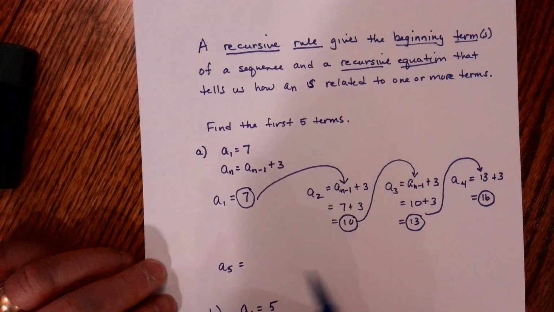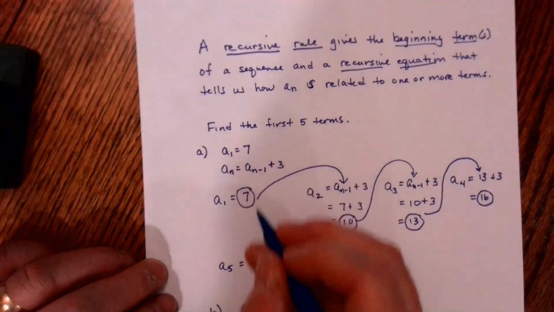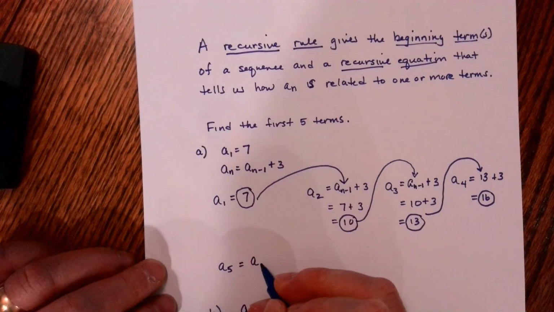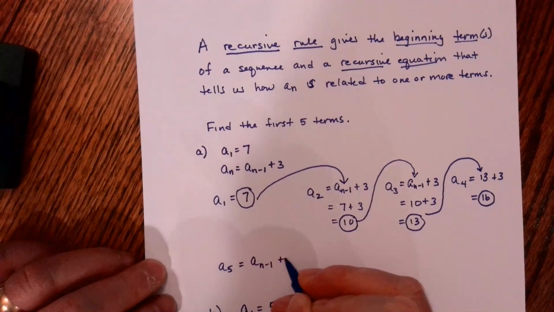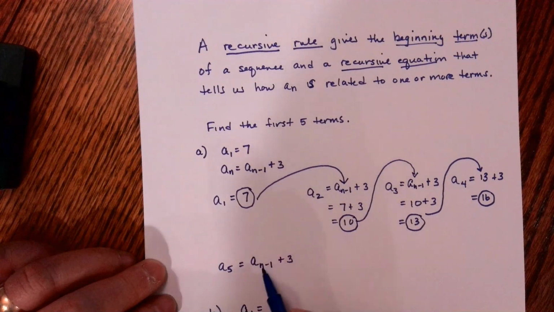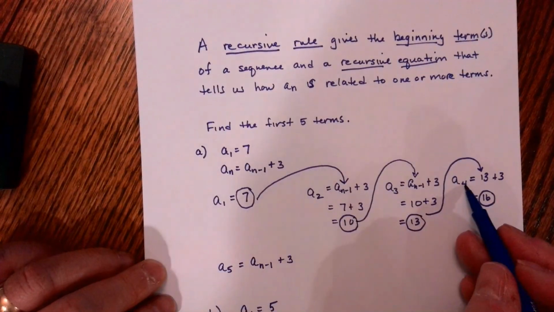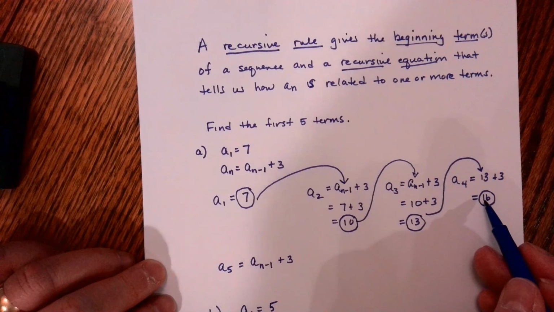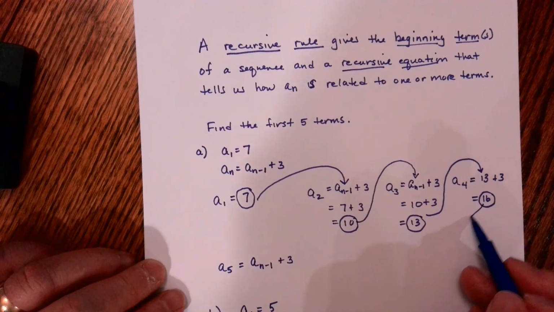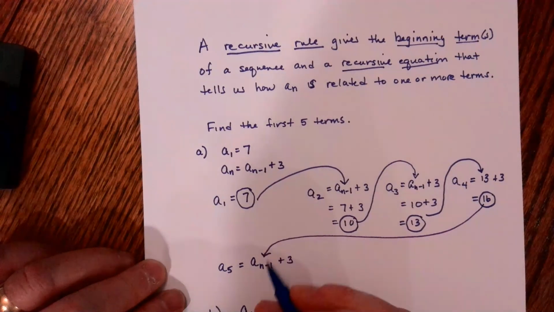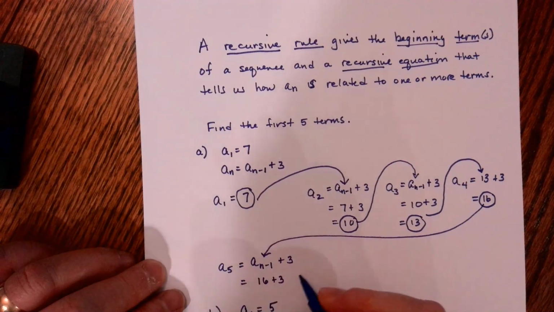Well, again, if I use my original formula, a sub n minus 1 plus 3, well, n is 5. What's 5 minus 1? It's 4. The value of my fourth term is 16. So I'm simply going to take the 16, substitute it in, 16 plus 3 is equal to 19.